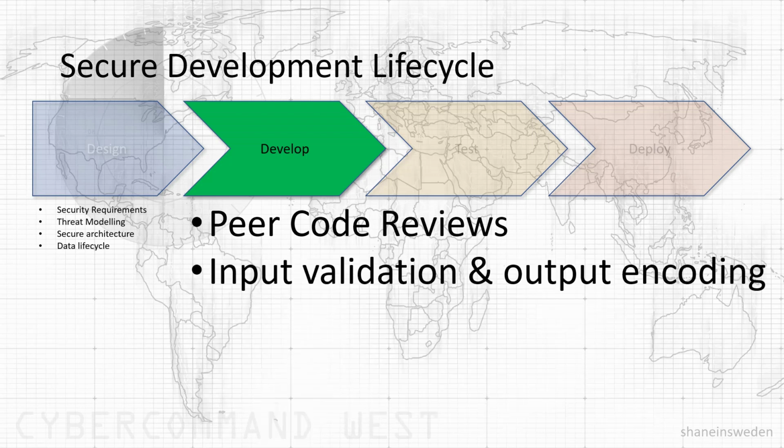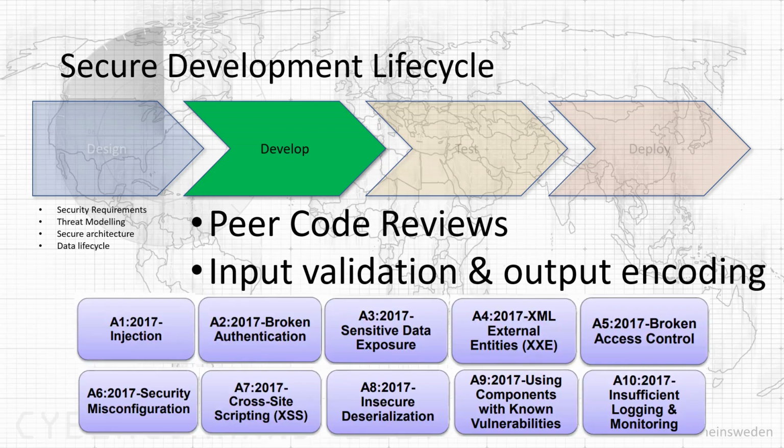From experience, I can tell you that input validation and output encoding is a major source of security flaws in software, and it is really up to the team to give support in this vital area in terms of education, lectures, and workshops. OWASP, the Open Web Application Security Project, produces a list of the top 10 threats to web applications.